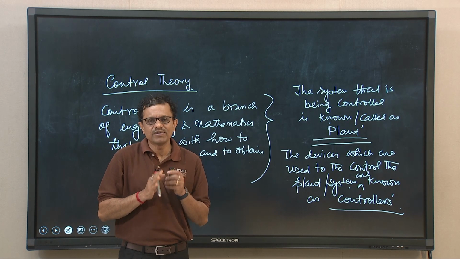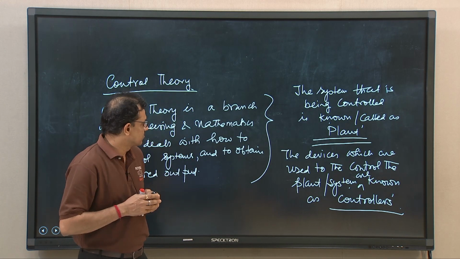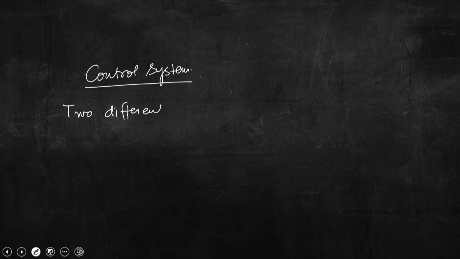There are two different basic types of control system. What are those? If we write: control systems, two different types.